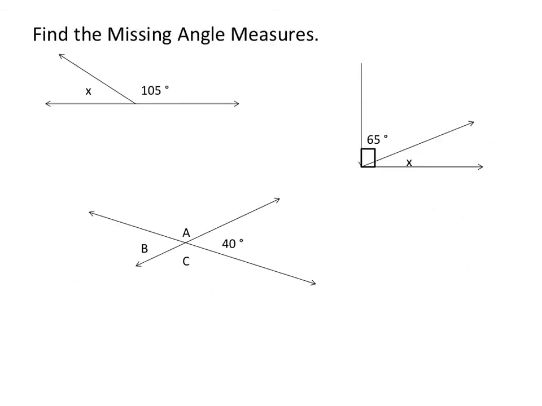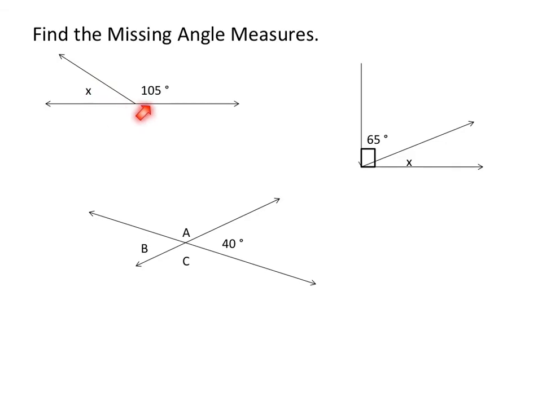Now what I want you to do is pause the video. Using what we know about our different vocab words, I want you to find the missing angle measure in all three of these figures. And in some situations there might be more than one missing angle. Anytime there's a variable, we're going to find an angle measure for it using our definitions. In this first situation, we have an angle of 105 degrees and we have x degrees.